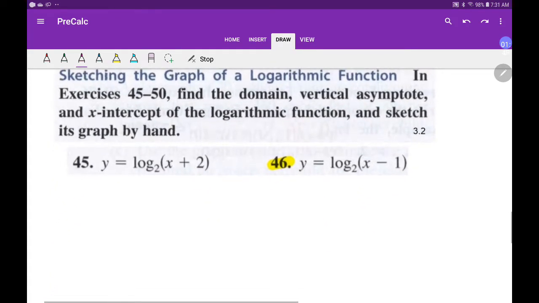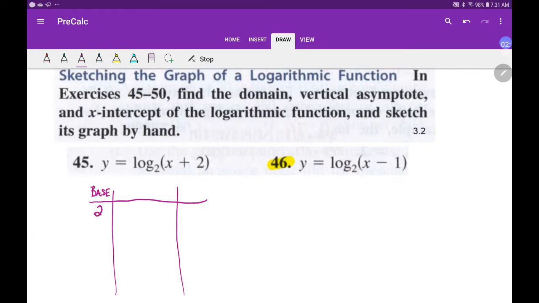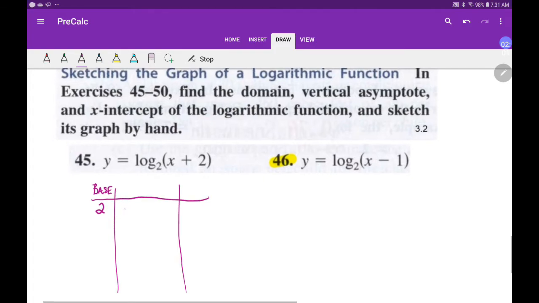So let's think about this. We'll say, if my base is 2, here's my base. I'm going to think about this every time, so I'm putting it in my column here. If my base is 2 and my argument is, well, I'm allowed to go to negative 2, huh?